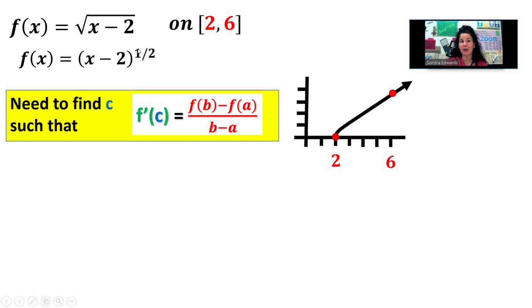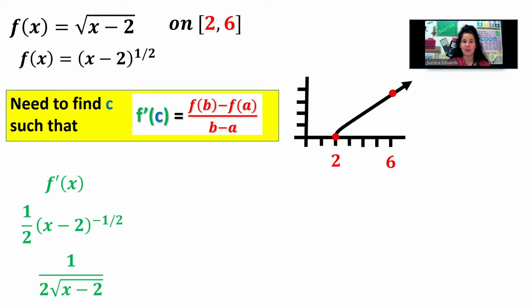Chain on, multiply by the derivative of x minus 2, and that's just 1. So the derivative function is 1/2 (x minus 2) to the power of negative 1/2, technically times 1 on the end. Right, then I'm going to rewrite that to get rid of the negative exponent. So (x minus 2) to the 1/2 is in the denominator. I just use the root because I'm done taking the derivative.